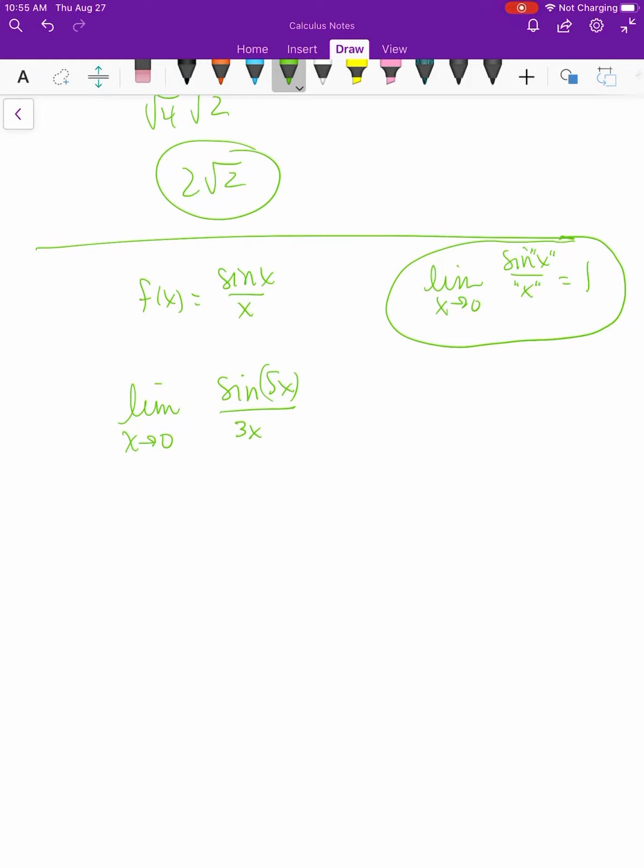And you're like, well, this isn't a 5. That's not a 5. Problem, problem, problem. So I need a 5, but I can only multiply by a fraction that equals 1. So I'm going to multiply by 5 over 5. The top 5 is just going to get pulled out front.